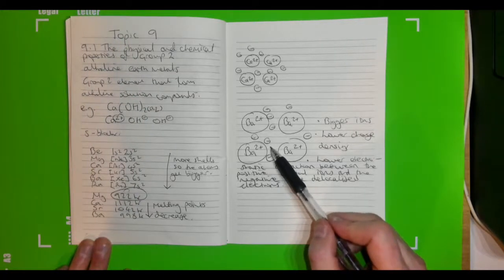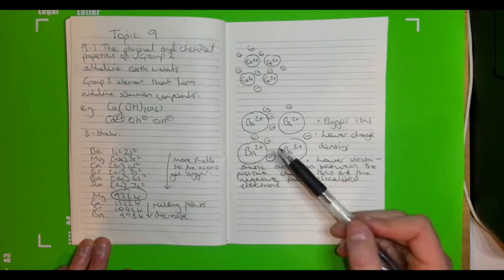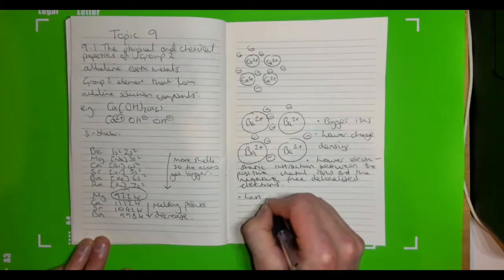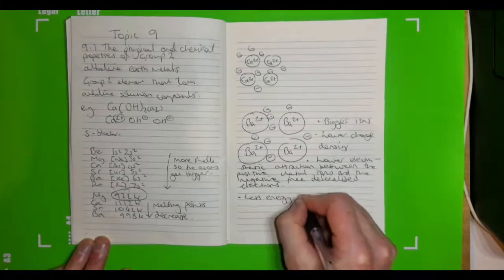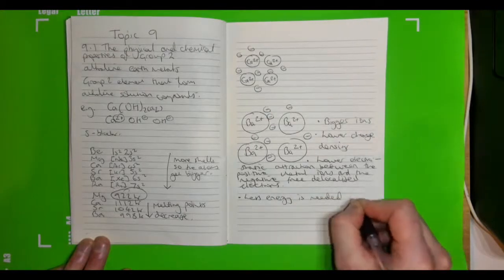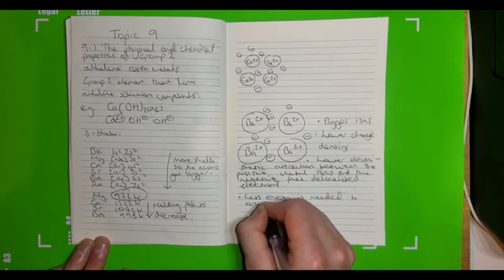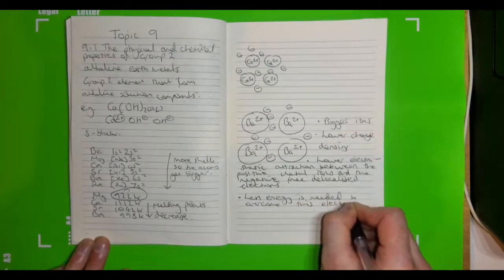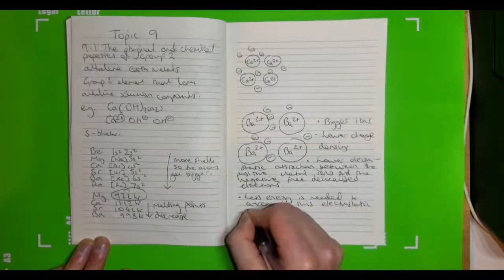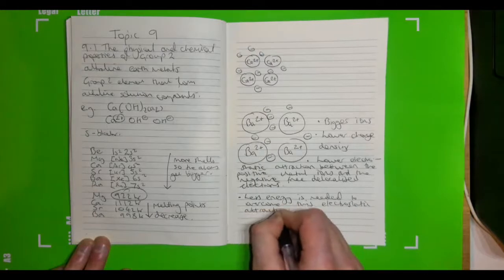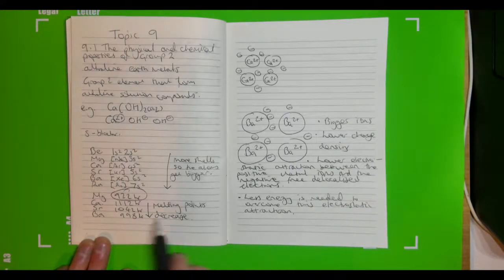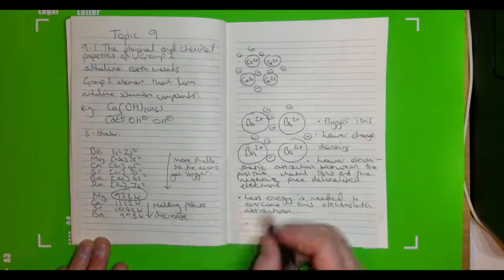If the force of attraction is much less, it means less energy is needed to overcome that force of attraction. If less energy is needed to overcome this electrostatic force of attraction, then the melting point will be lower.